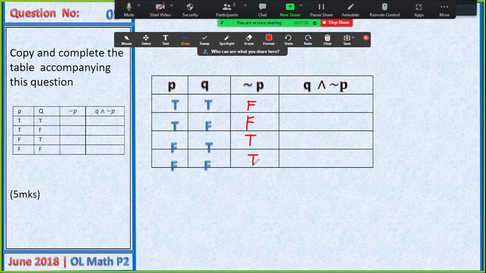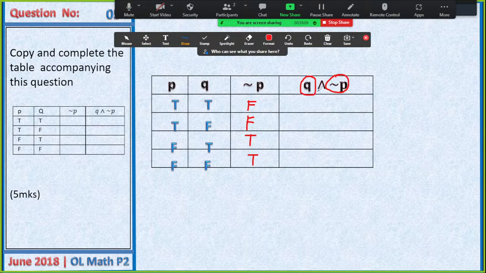So at this point now, we have to obtain those other values that are being asked for. We have now Q and the negation of P. So the AND statement is true only when this first one is true, and this second one is also true.